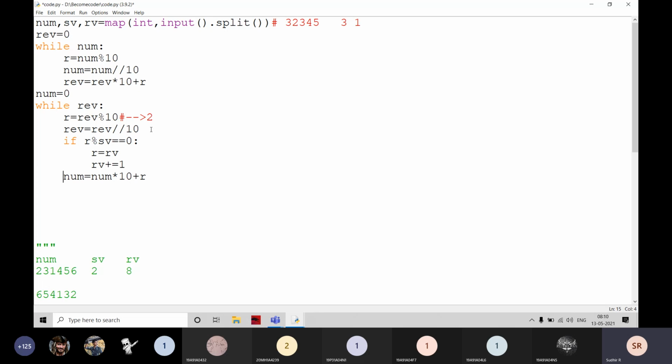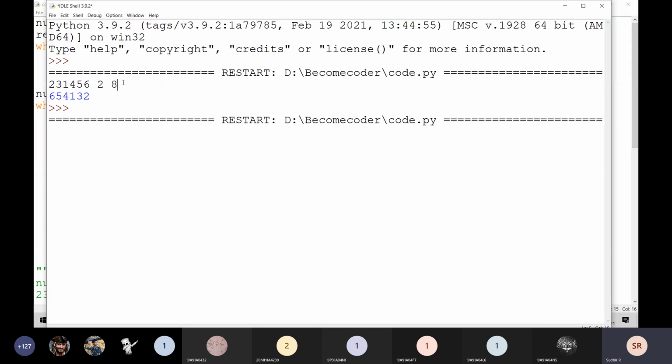But here only one thing: if rv is equal to 10, rv is equal to 1. If I execute it, if this is the input, sorry, I'm not printing here, that is the mistake. Just observe here, the first value is going to be replaced with 8, and this 4 is going to be replaced with 9, and 6 is going to be replaced with 1.